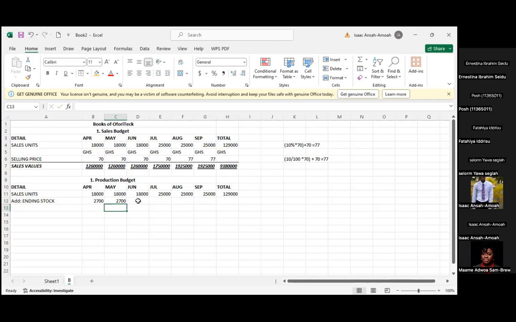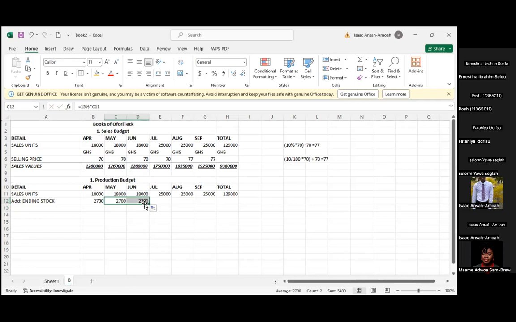If I get to June, it will be 15% of planned sale of June, right? So what becomes of the figure? You have to compute it from your end. First 3 months, 2,700 each.